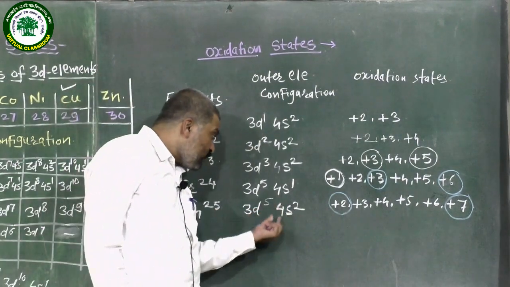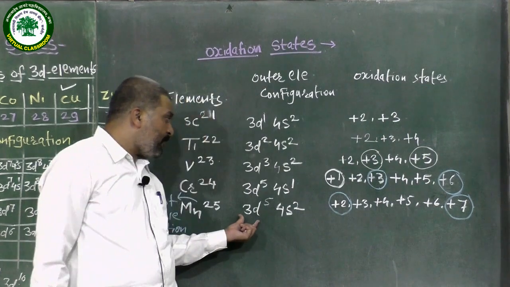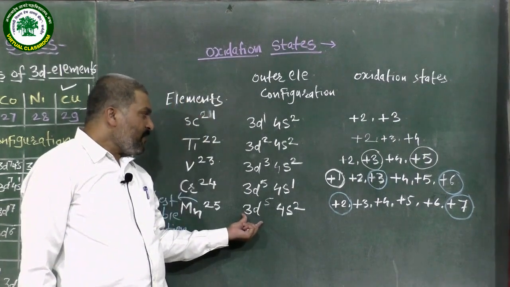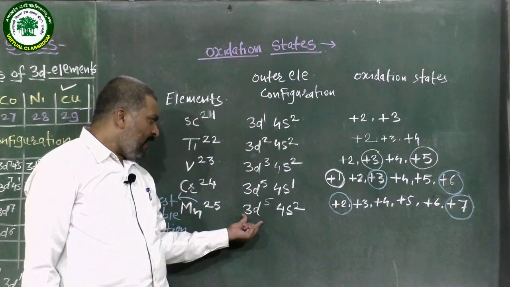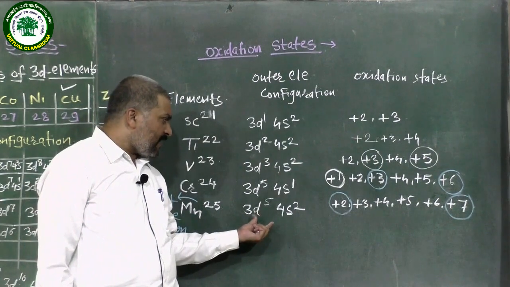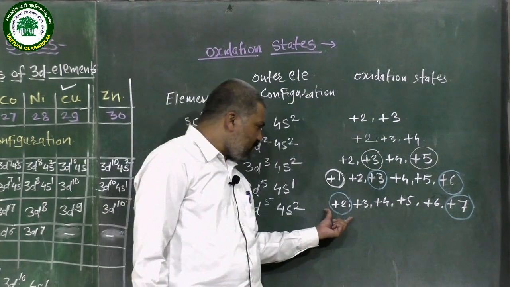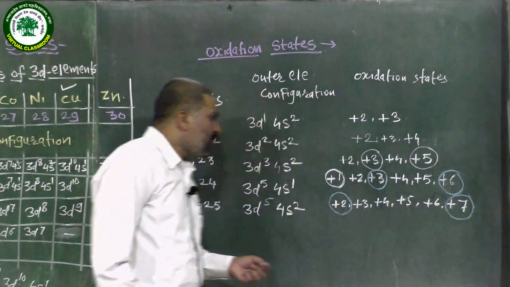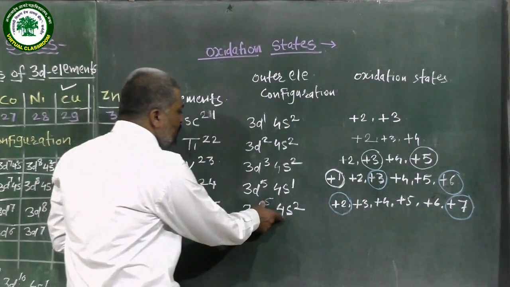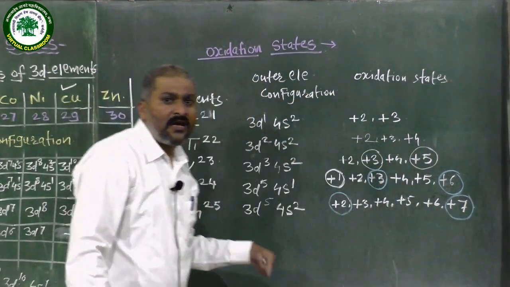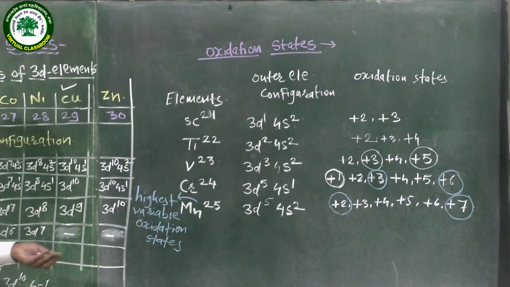Because by losing the 2 electrons, its configuration becomes 3d5, it shows the most stable +2 and +7 oxidation states. When it loses all 7 electrons, then also it attains extra stability.